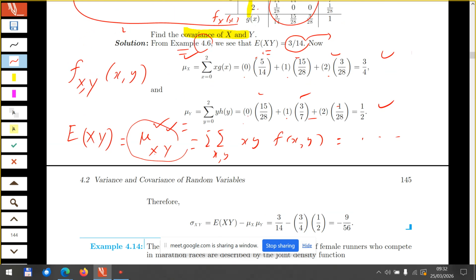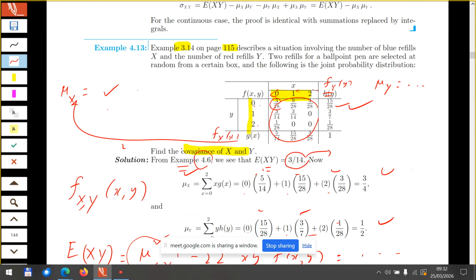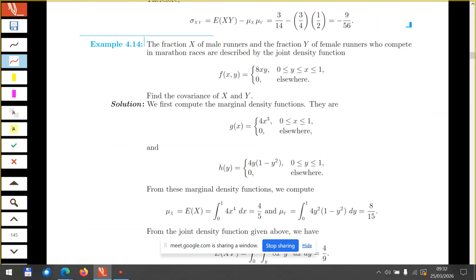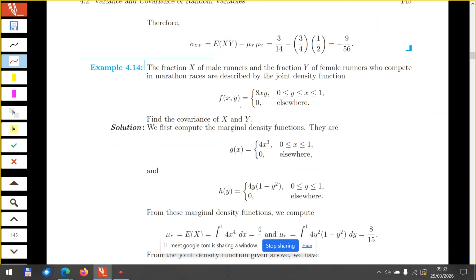Yeah, so that was a practice example for discrete random variables, and you can have a similar situation for continuous ones. If you have two continuous random variables, the joint distribution is given, and of course you need marginal densities. It will be fx of x, and this will be fy of y.